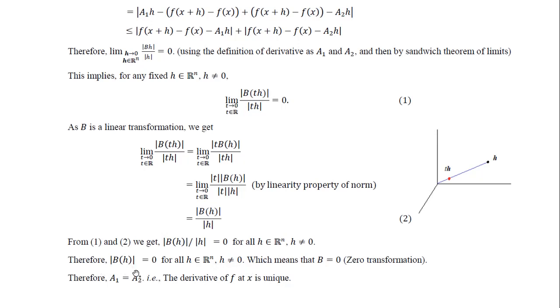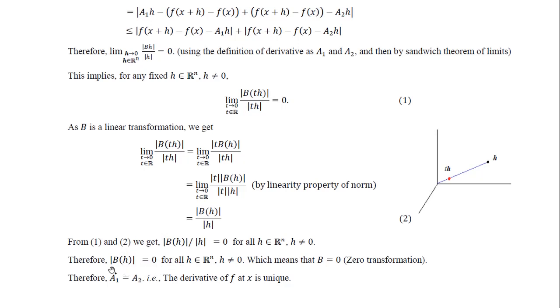So till now we have got that the norm of Bh is 0 for every such h. When we get the norm of anything equal to 0, it is a property of the norm that the norm of a vector is 0 if and only if that vector is 0.